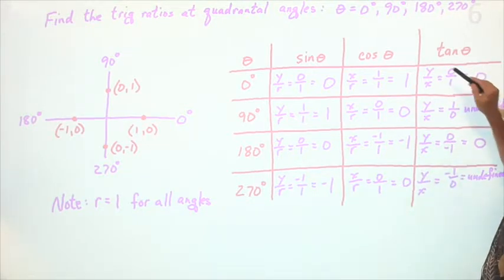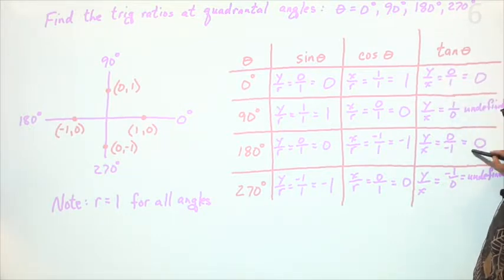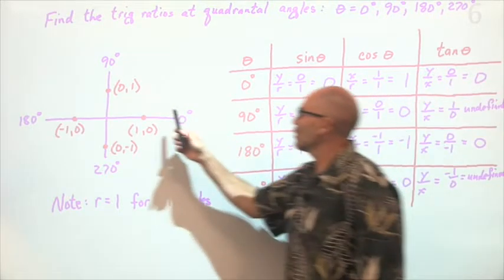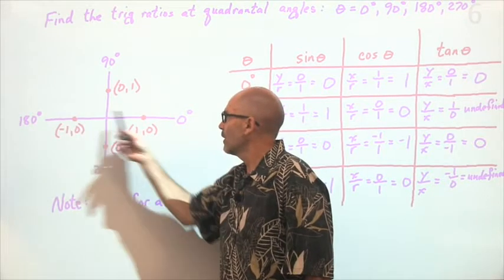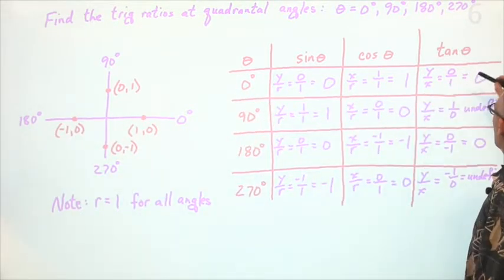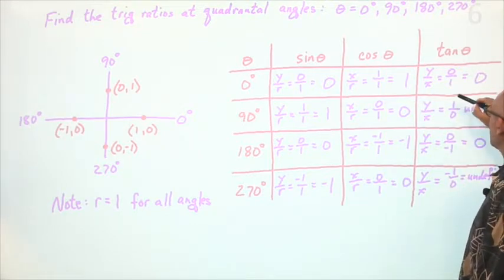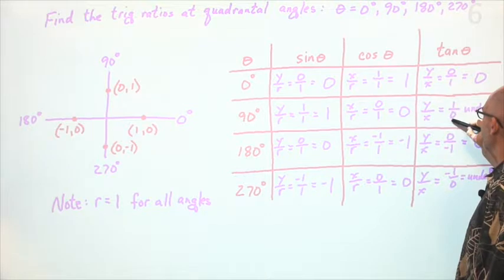Tangent is y over x. So you see, tangent at 0 and 180 are 0, because at 0 and 180, you're right and left 1. Now, if you go with 90 and 270, then it's up or down divided by left or right.